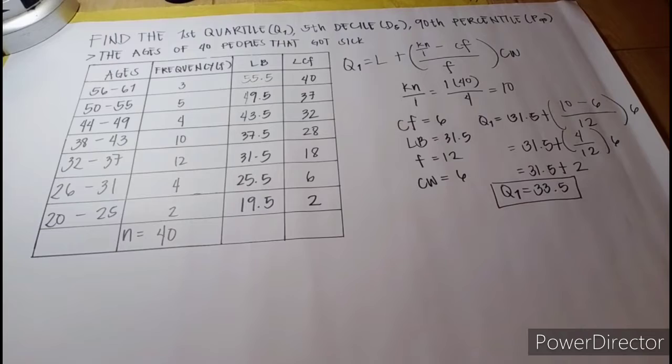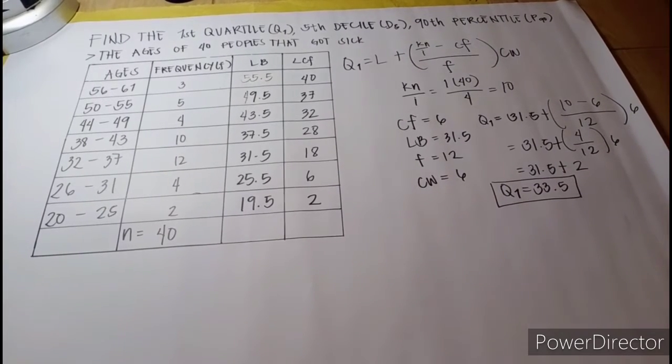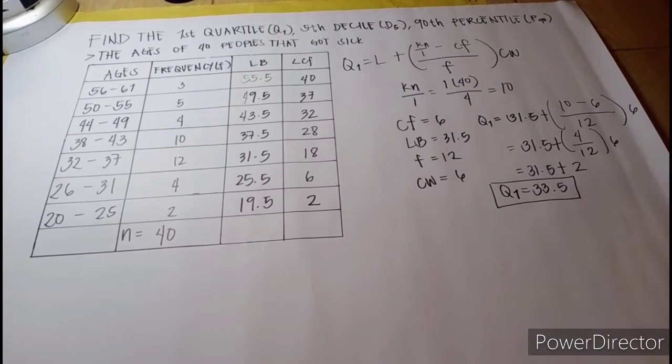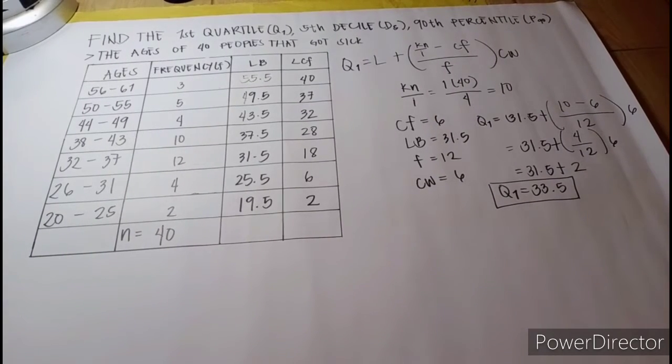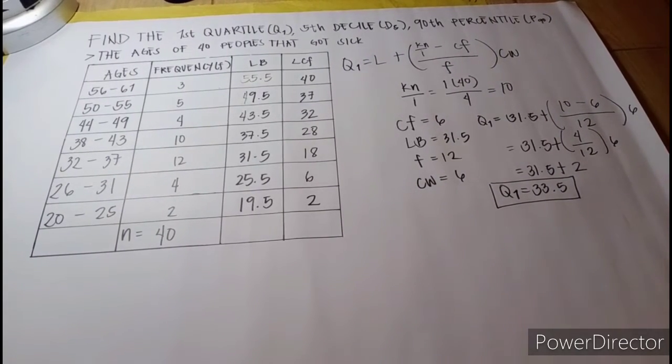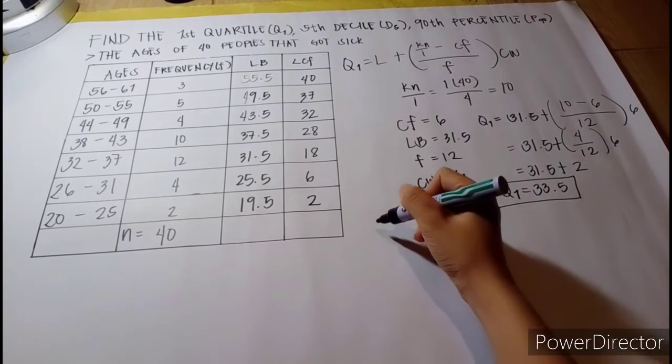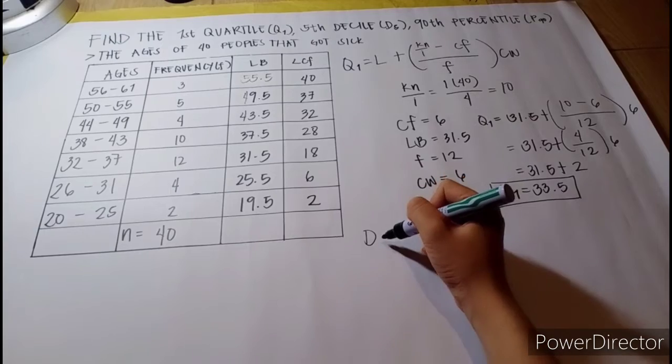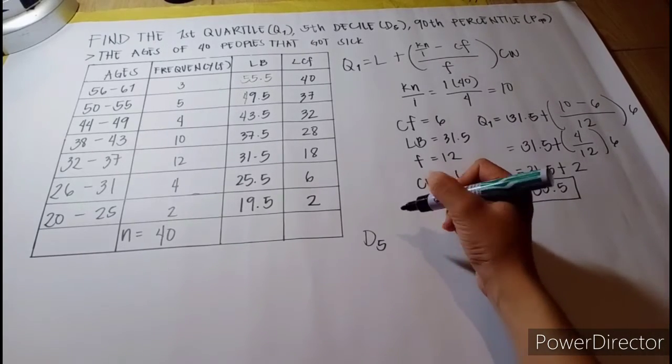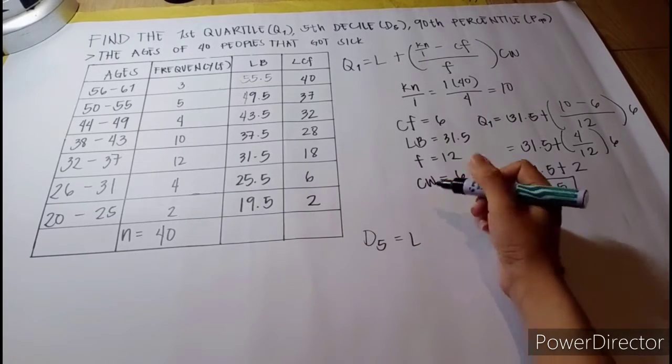Next, to find the fifth decile, same process, but we have to change the value of I, which is 10, and the lower boundary and the cumulative frequency, etc. So first, we need to put the formula.